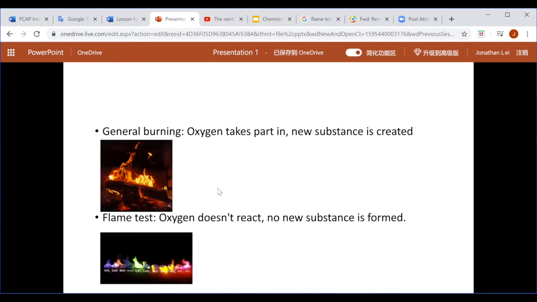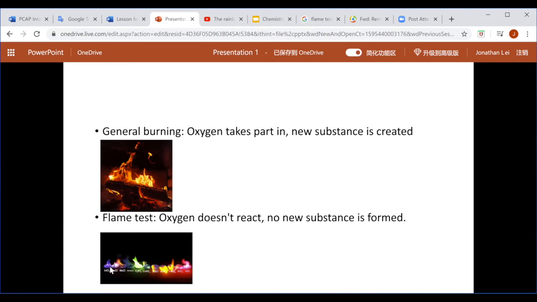There's some difference between general burning and a flame test. In general burning, oxygen takes part in, and a new substance is created, like water and carbon dioxide. But in flame test, you add something into the beaker, but you don't create anything.